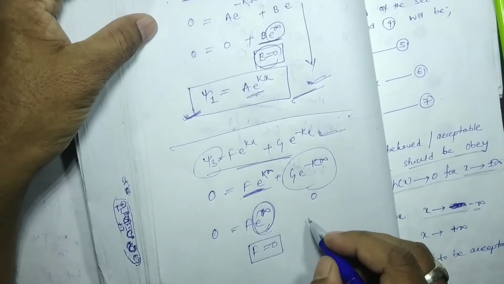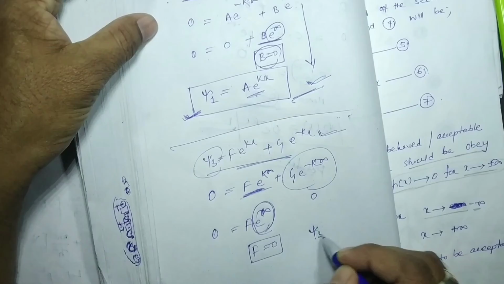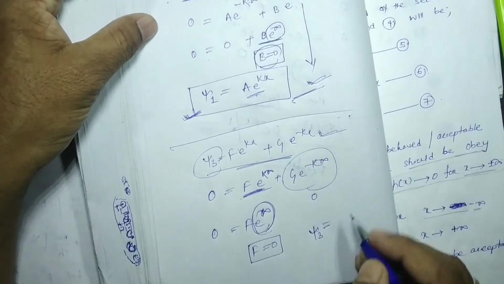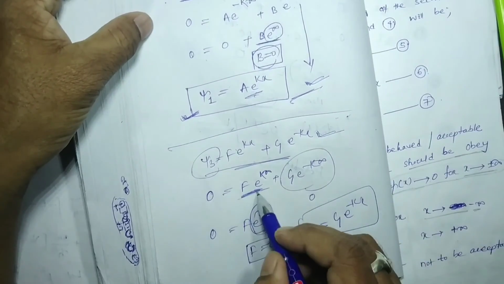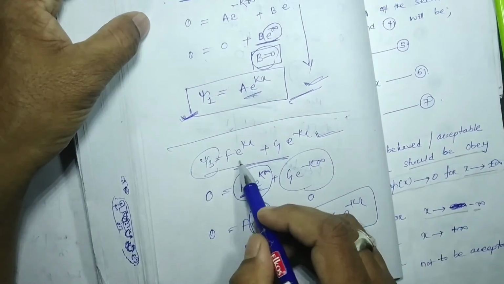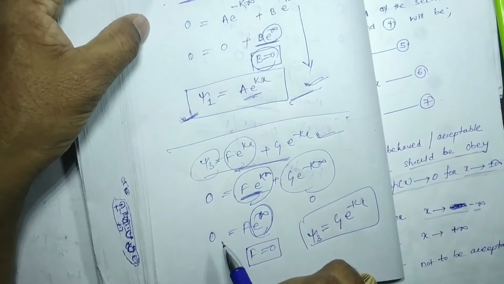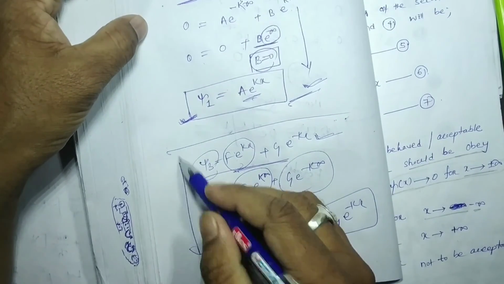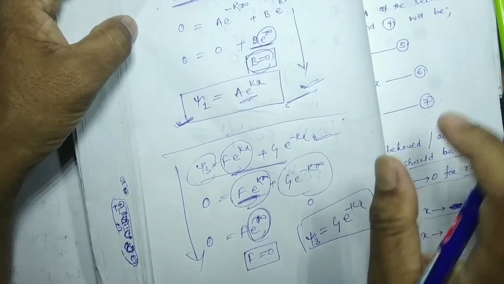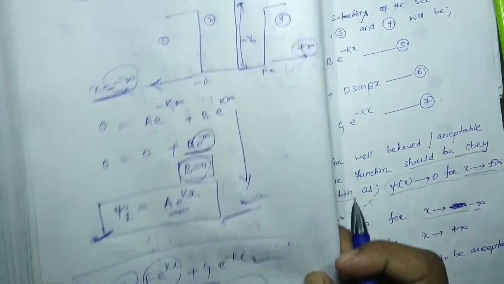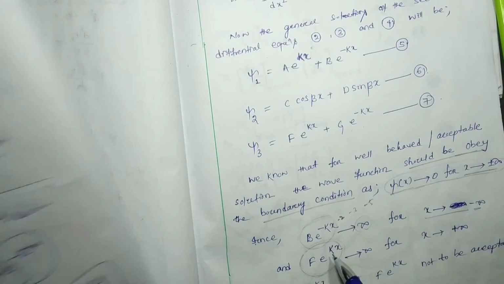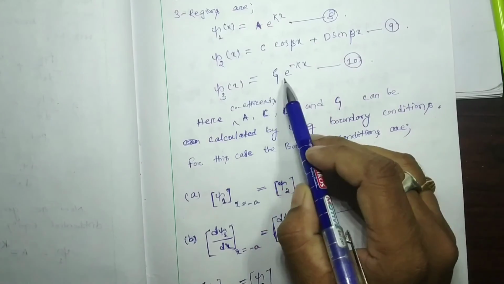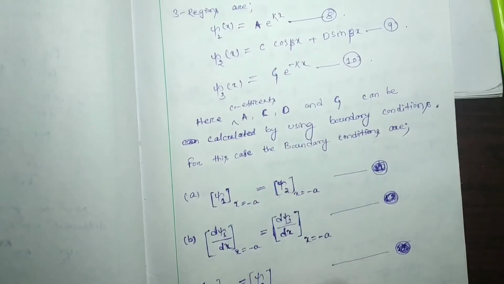So finally psi 3 should be g e to the minus kx, where the f e to the power kx term is not going to be considered. In this manner it can be represented by anybody. Here also this f e to the power kx term is not going to be considered, so finally we write that psi 3 will be g e to the power minus kx.